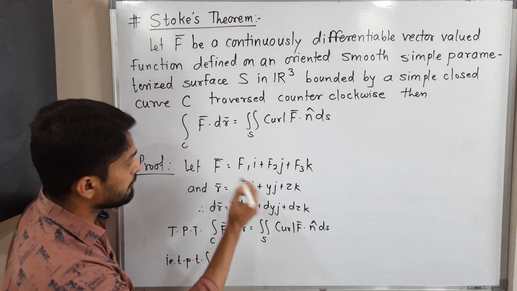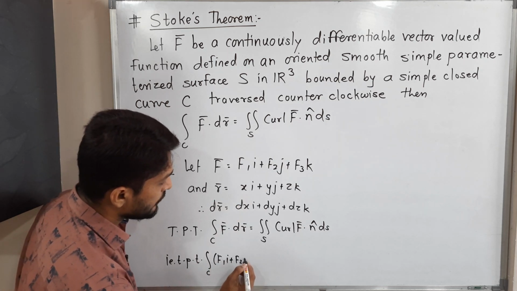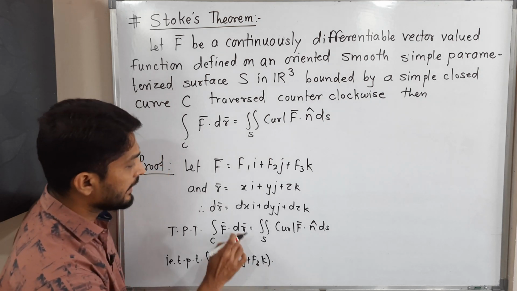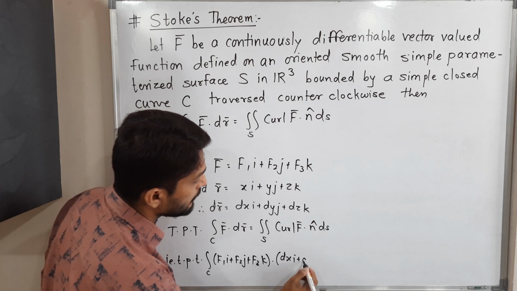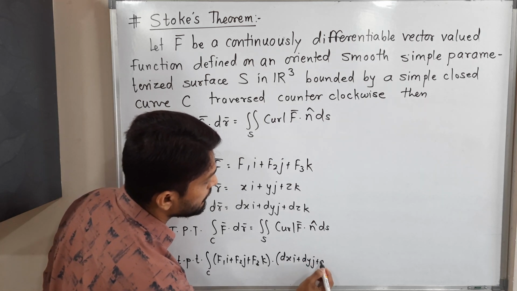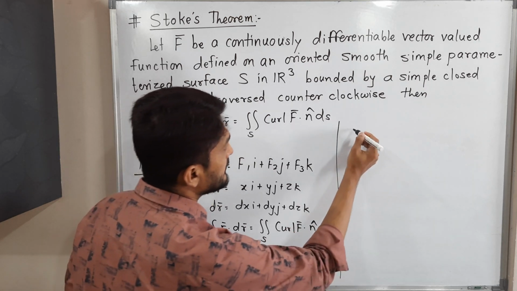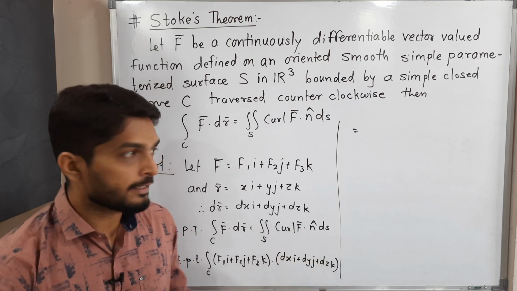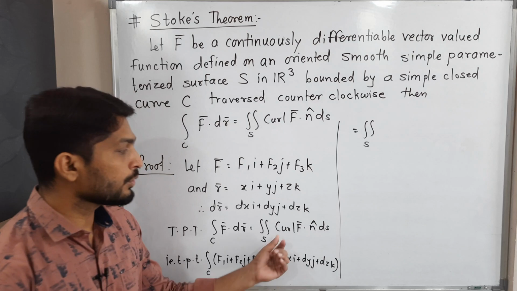So that is to prove that integration over C f bar, means f1i plus f2j plus f3k dot dr bar, means this one, let me put here, dxi plus dyj plus dzk, right? Is equal to, let us simplify this right hand side also, double integration over S curl of f bar.